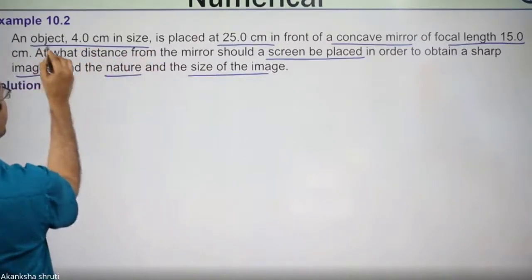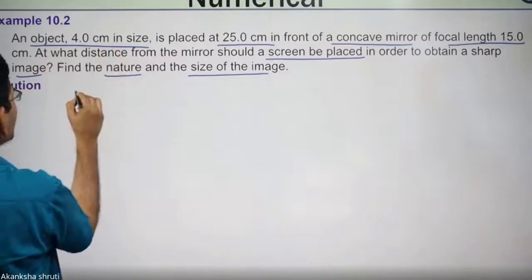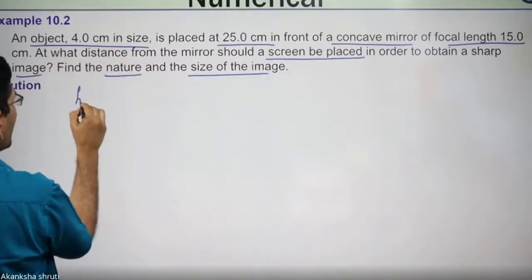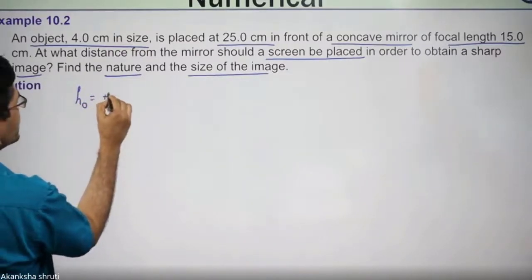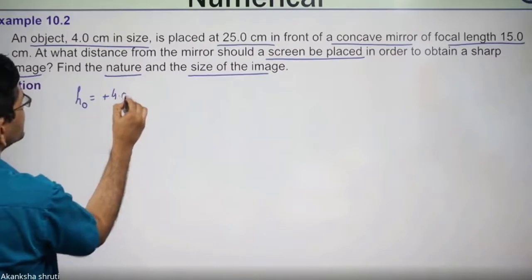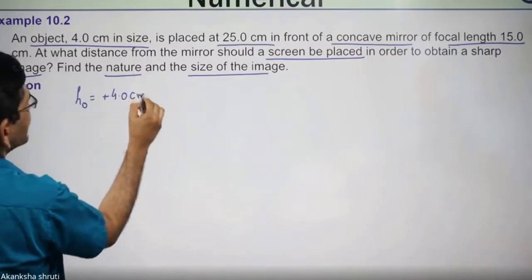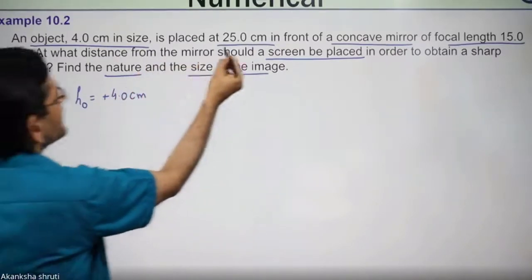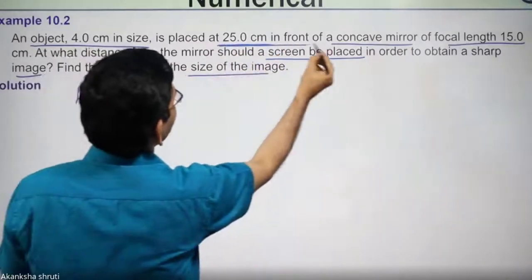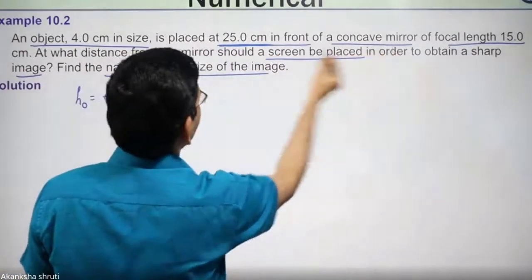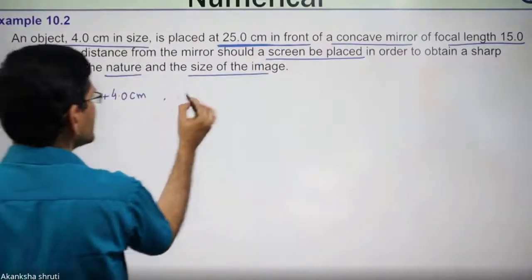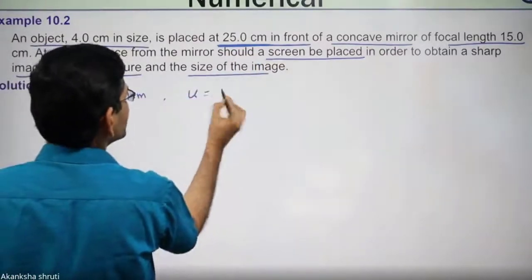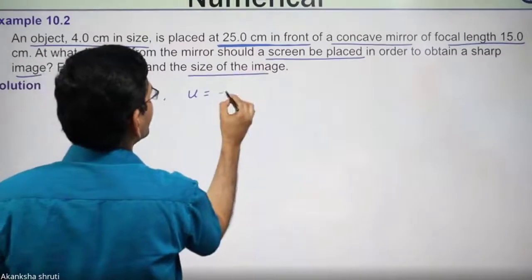So write whatever is given. Object size is given, means height of object is given, and height of object is always taken positive. So it will be 4.0 centimeter that we need to take. Is placed at 25 centimeter in front of concave mirror. So this 25 indicates the object distance, and object distance is always negative.